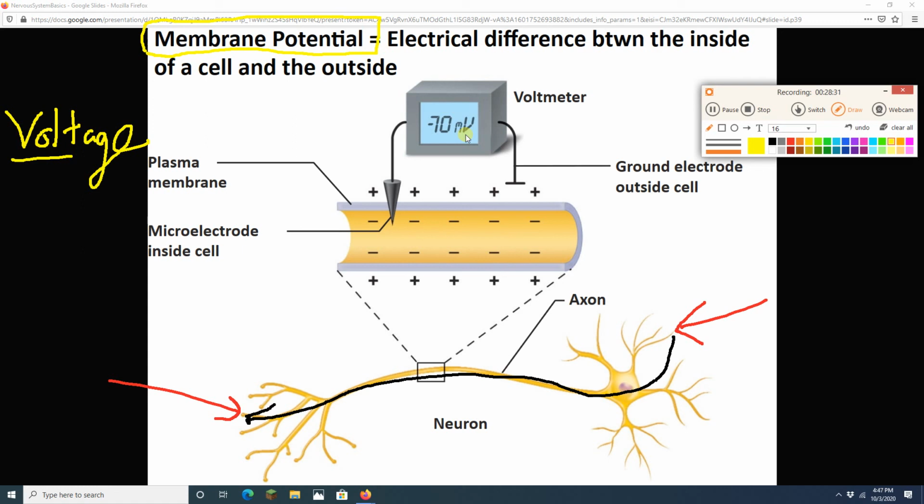Okay, great. What does all this mean, though? Well, this neuron right here that I'm dealing with, it's just chilling. This neuron is at rest. So if a neuron is resting, it is going to have this resting value called a resting membrane potential. And the typical value for that is negative 70 millivolts.